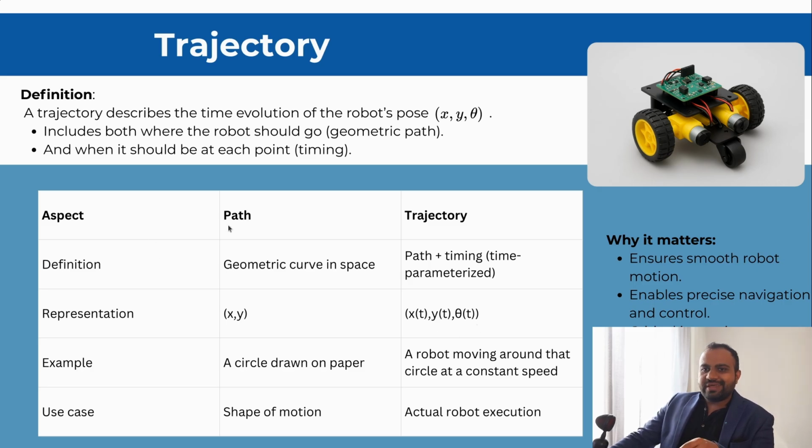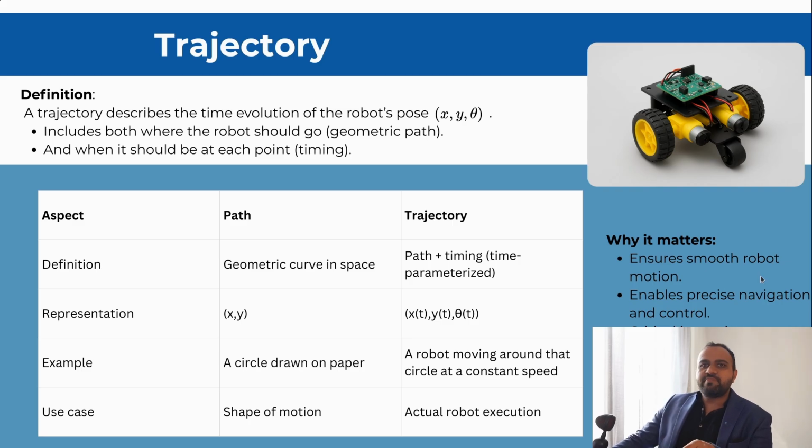So we can define the path as the geometric curve in space, but the trajectory is the path plus the time. Okay, the example for the path: a circle drawn on a paper is just a path, and the trajectory is a robot moving around that circle at a constant speed.